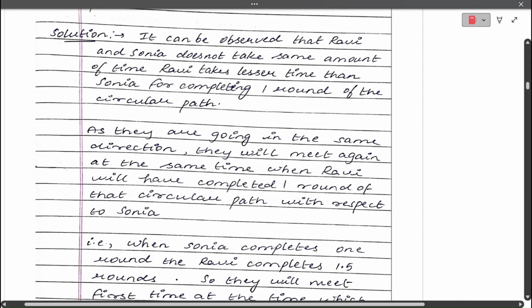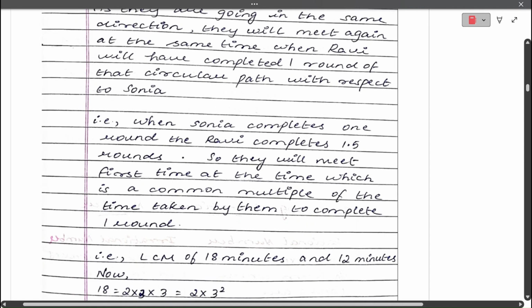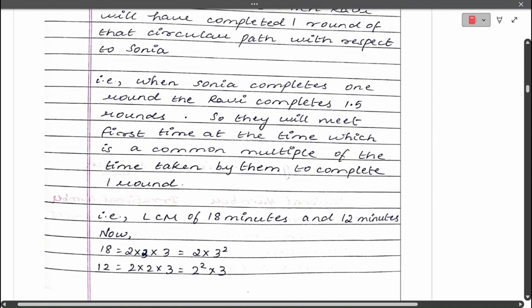So when Sonia completes one round, Ravi completes 1.5 rounds. So the first time they meet will be at the common multiple of the times they take. So the LCM of 18 and 12 is what we are supposed to find.